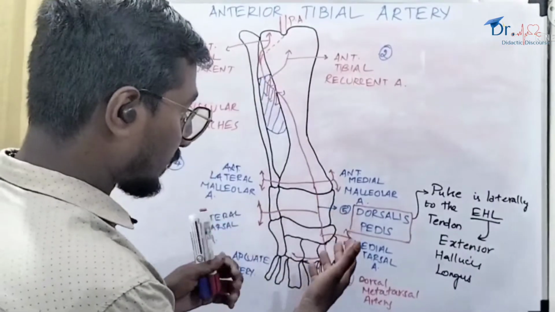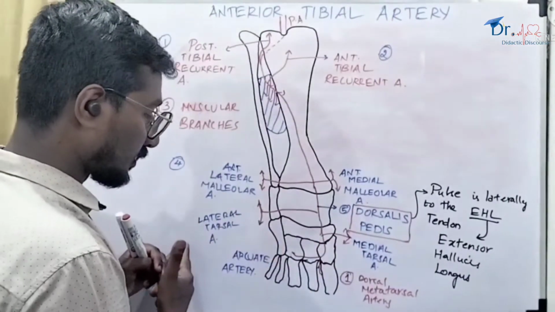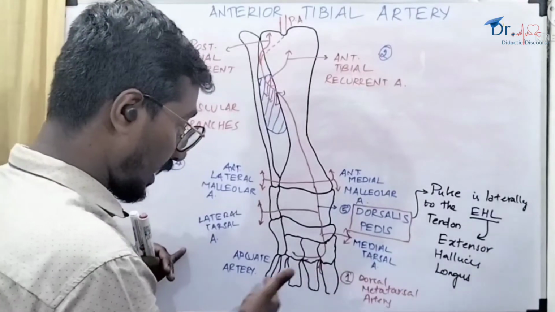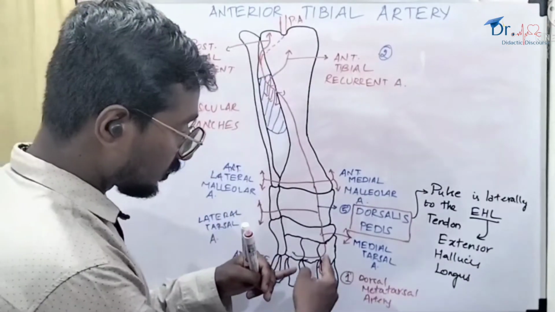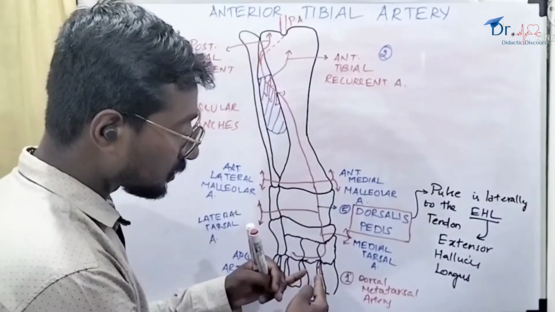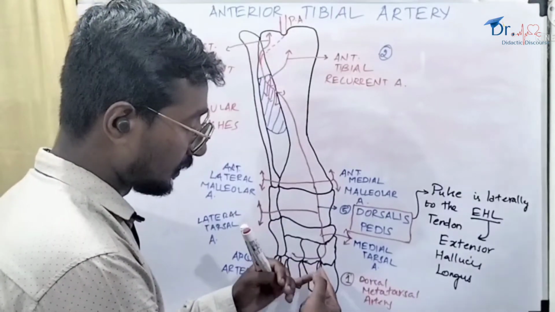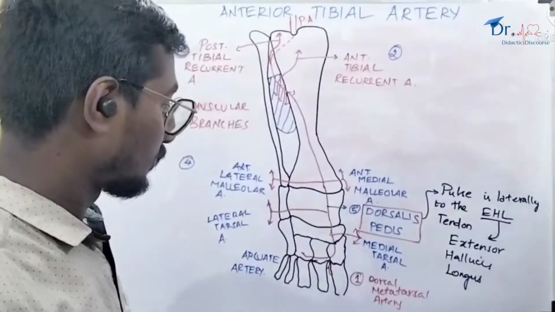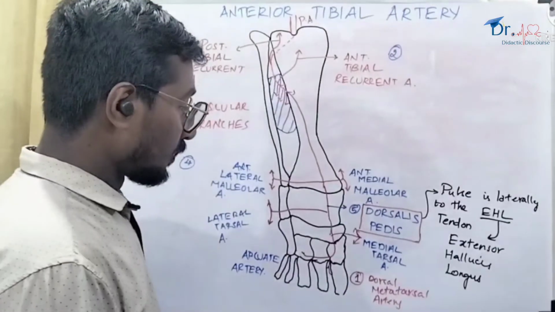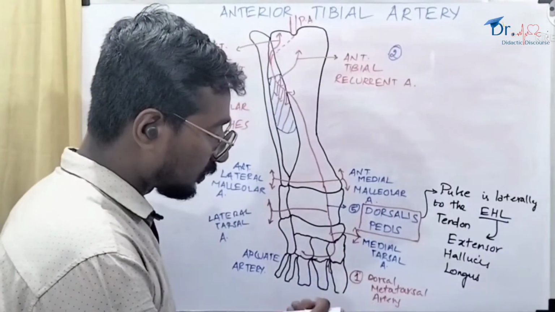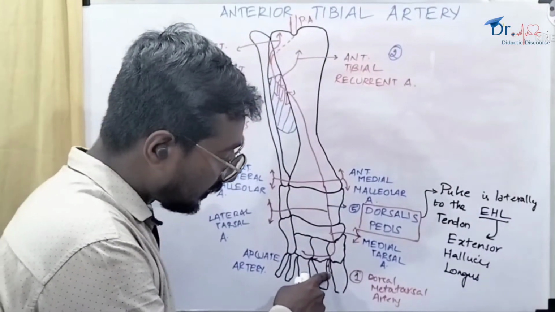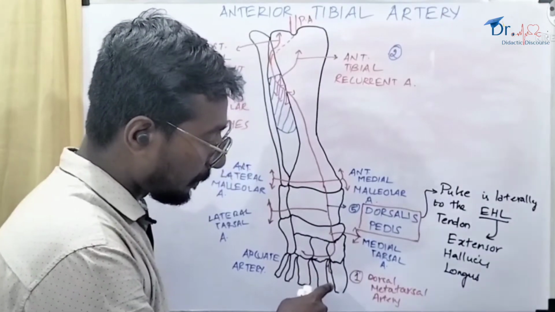So the dorsalis pedis artery gives rise to the lateral tarsal artery, medial tarsal artery, arcuate artery, and the continuation of the dorsalis pedis artery at the proximal end of the first tarsal metatarsal space.